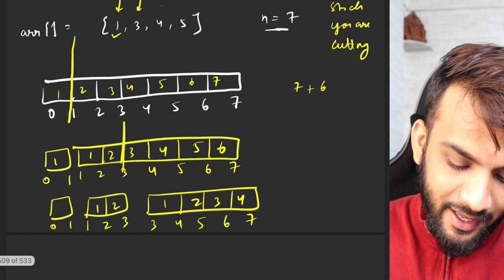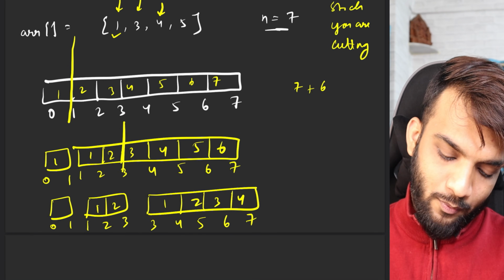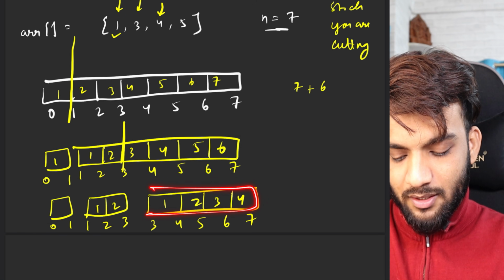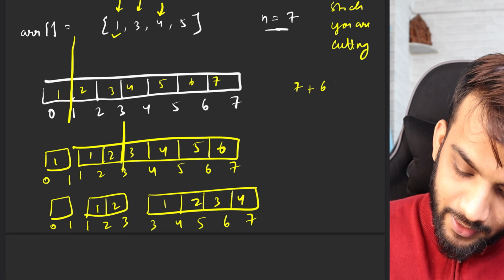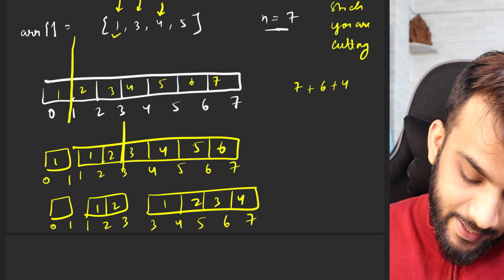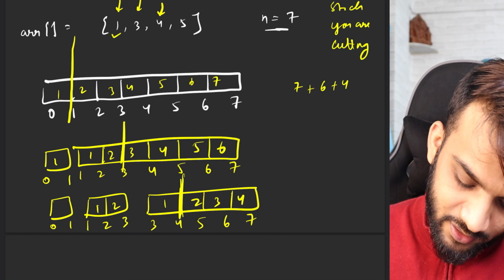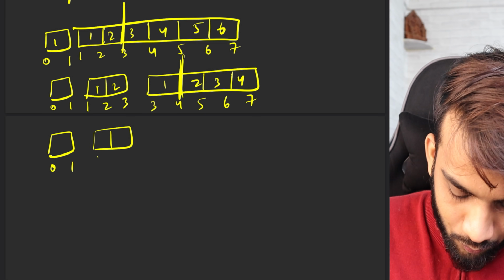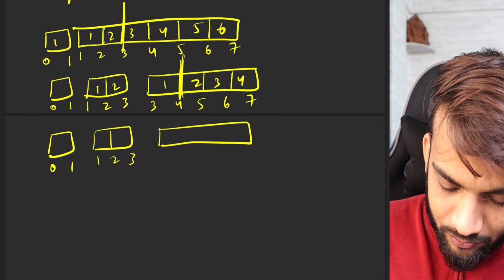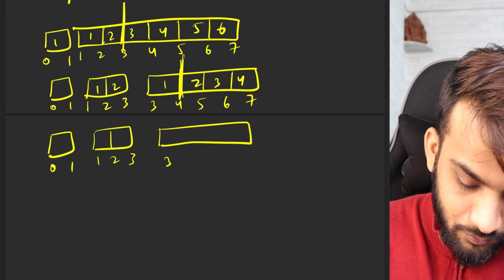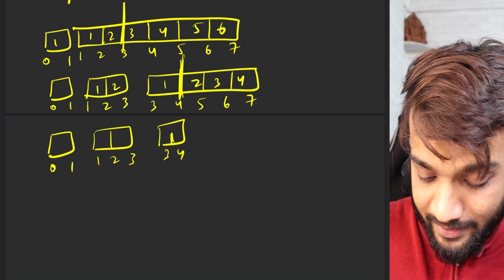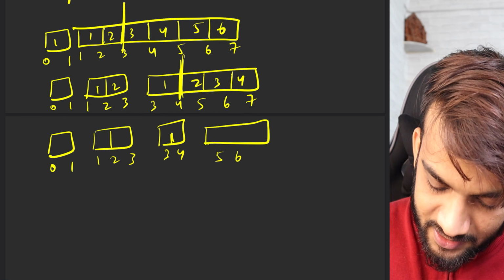So now I say cut it at 4. Where is 4? This is 4. What's the length of this particular stick? 4. So the cost you'll require is 4. Now I make a cut here, so I will have 0 to 1, 1 to 3, 3 to 4, which is length 1, and I will have 4 5 6 7.